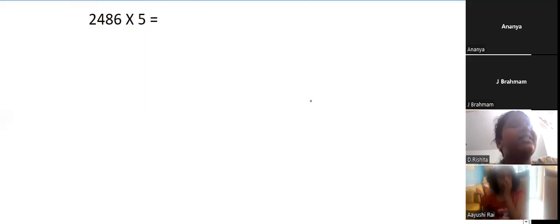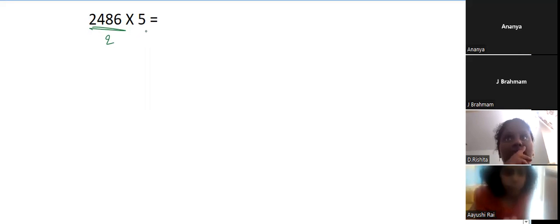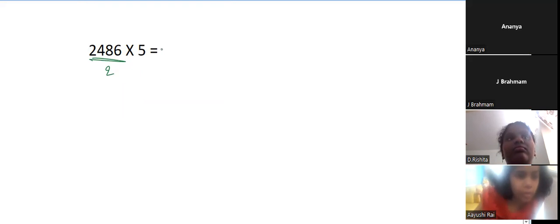Then Aishi, can you do this? Even digit by digit you can do half. So half of 2 is 1, and half of 4 is 2.